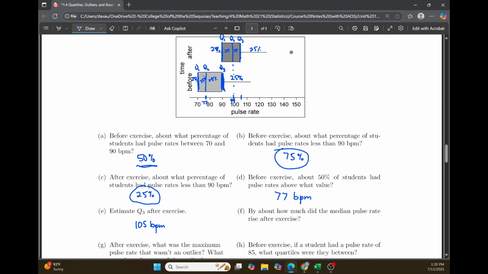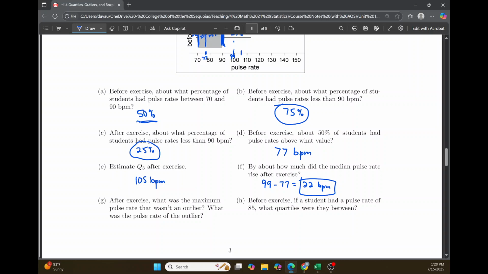Well, it would be 99 minus 77, roughly, so that's 22 beats per minute, right? Okay, so the exercise on average raised the students' pulse rates by about 22 beats per minute.